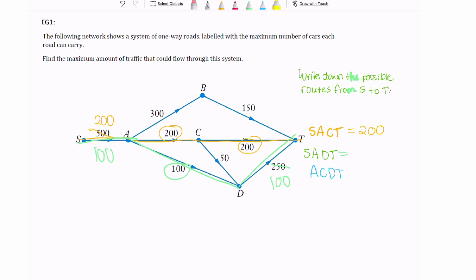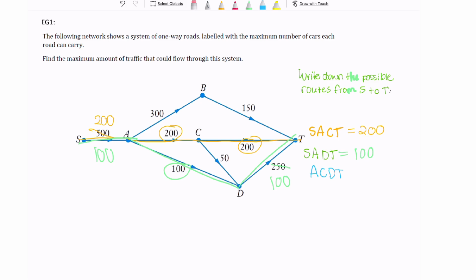What I need to be careful of is this part here, where I'm using more than one amount. I can't go over 500, because that particular pipe from S to A can only hold 500 litres. So far, the yellow path has used 200, and the green path has used 100. So I've only used 300, so I'm still fine. So keep that in mind. So I'll fill in over here that it's 100.